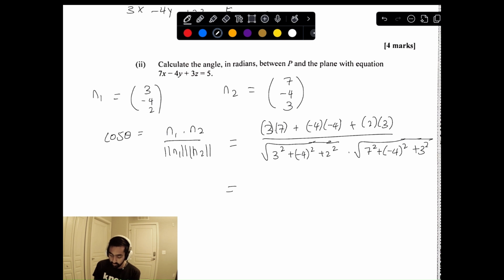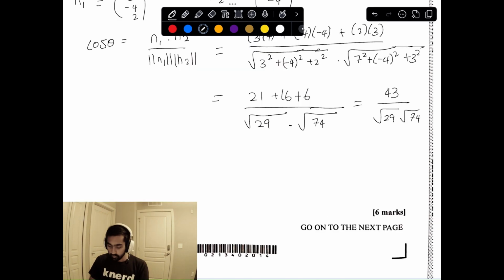So now if you plug it all into your calculator, what will you get? You're going to get 21 plus 16 plus 6 all over square root of 29 times square root of 74. Put this into your calculator and this is equal to 0.928.